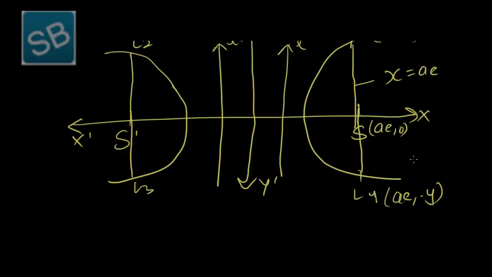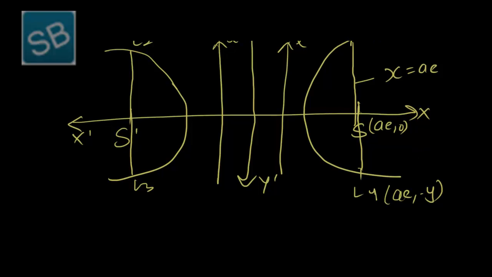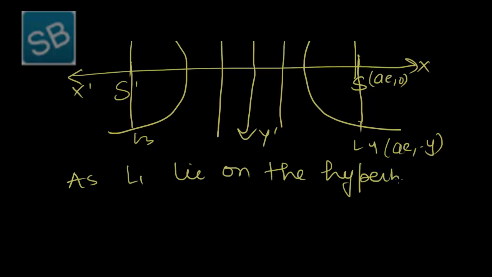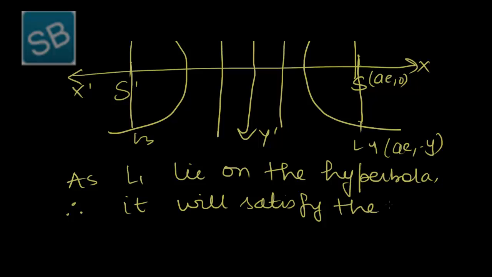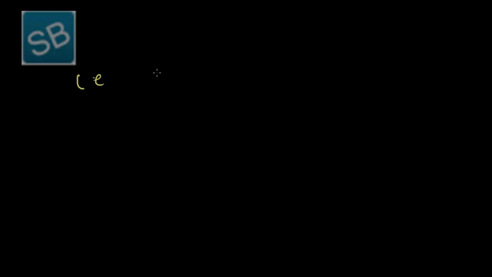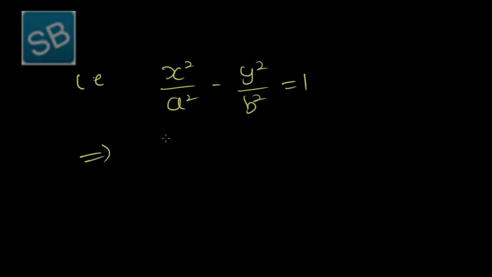As L1 lies on the hyperbola, it will satisfy the equation x square over a square minus y square over b square equals 1, which becomes a square e square over a square minus y square over b square equals 1.